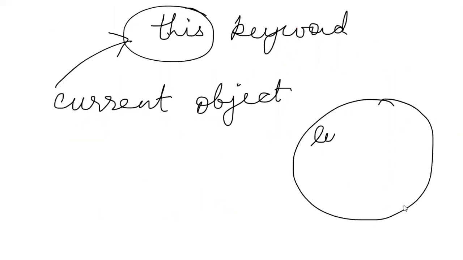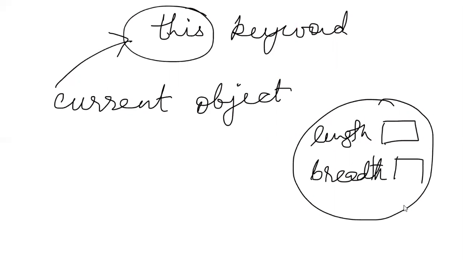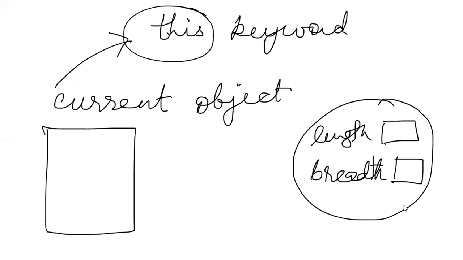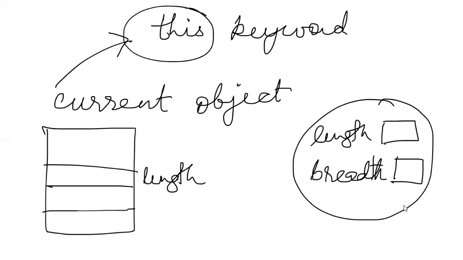So here I have a length and I have a breadth. So I have memory allocated for length and breadth. But at the same time, when I'm calling the constructor, in main memory, a location for length will be assigned and a location for breadth will be assigned.